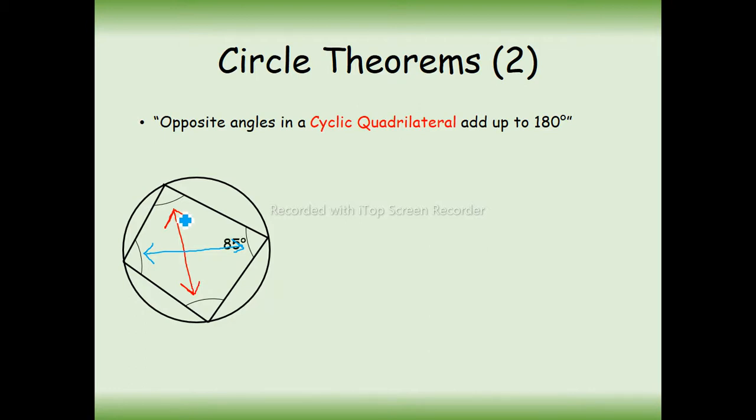So if this is 85, what must the second side be? 85. No. You have to add up the... You're subtracting it from 180 to get the other side, right? Which is 95, I think. Not 95. No, it can't be 95. Get your calculator, quickly.